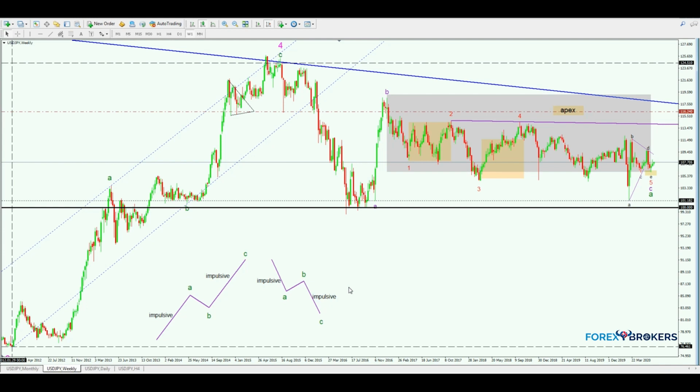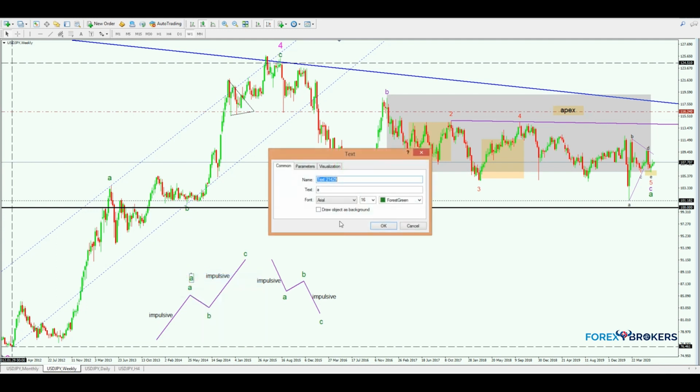For this reason, zigzags are considered to be one of the trickiest patterns of them all, because the temptation for every trader is to label it as an impulsive move, not as a corrective wave. For instance, if you see a strong move like this, the tendency is to label it as the first wave of an impulsive move.